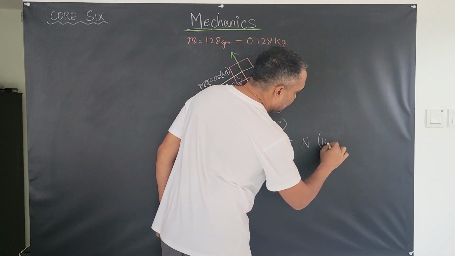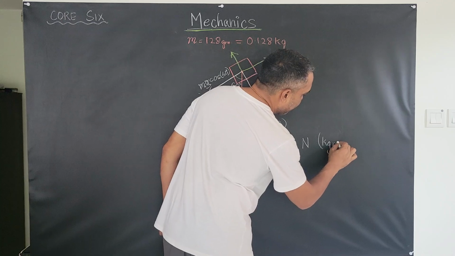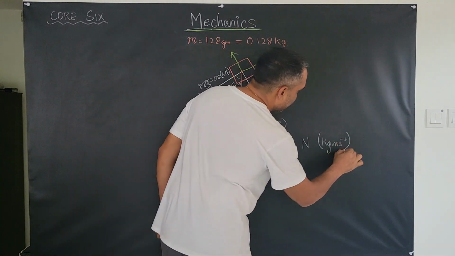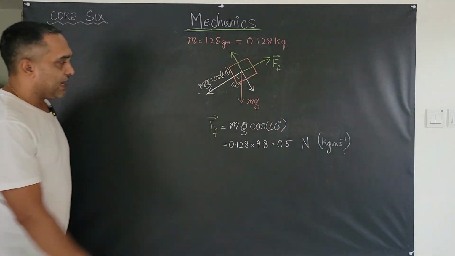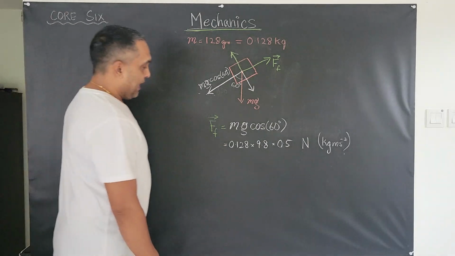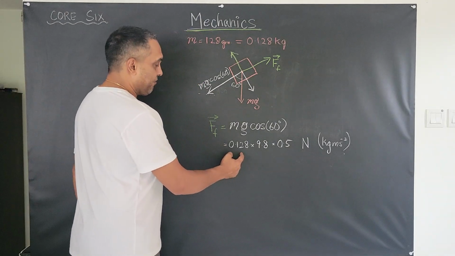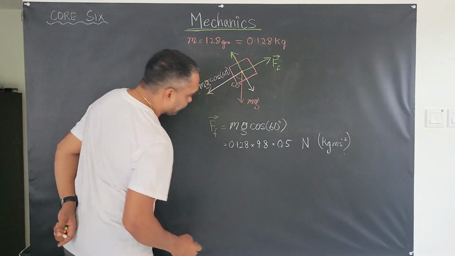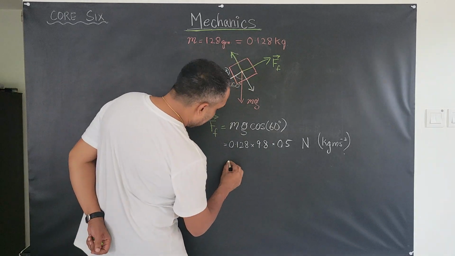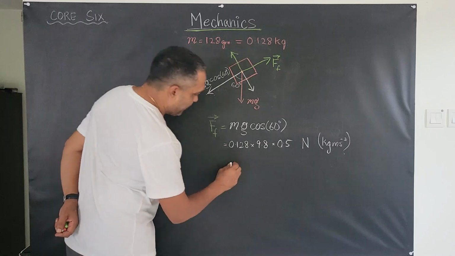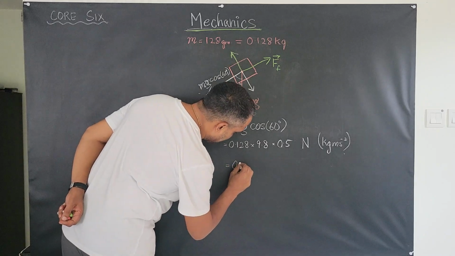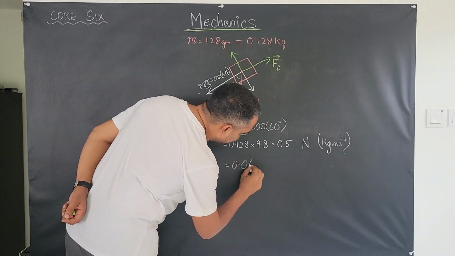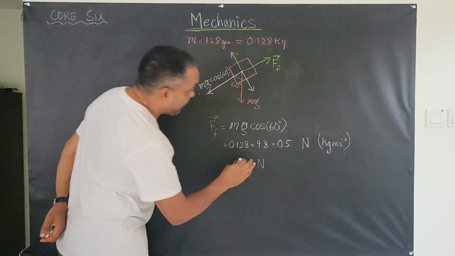Just letting you know that this is also kilogram meters per second square, right? And then you can do the math, and what would that math be? So this would be about 0.064 times 9.8. That would be times 10. So that would be approximately that many newtons, if my math is right, right?